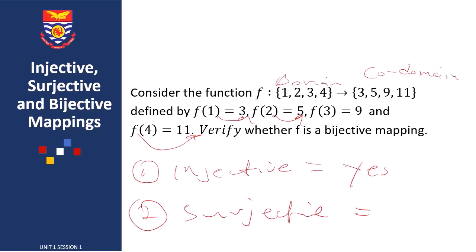F is surjective since each element satisfies the rule f of x equals y. Then we can say that's surjective. With that note, we will say that this mapping is actually a bijective mapping, and the reason is that the two conditions are satisfied.